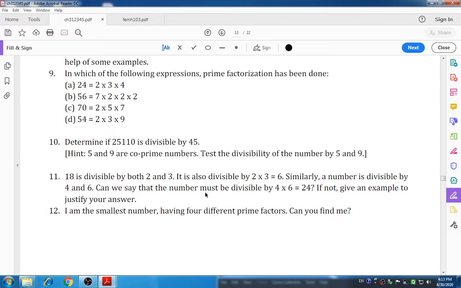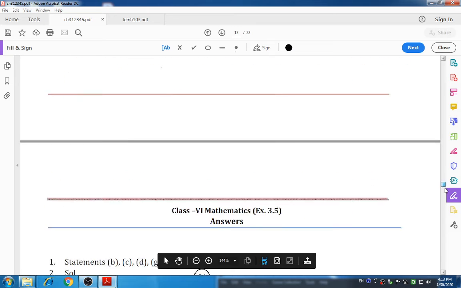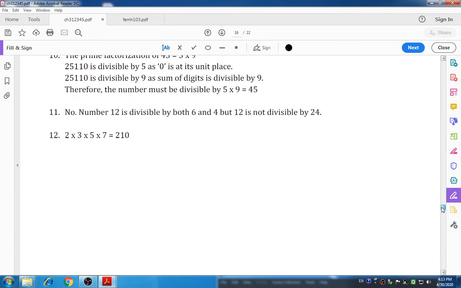Can we say that the number must be divisible by 24? If not, give an example and justify your answer. So here is the answer. It is not true every time. No. Look at here. The number 12 is divisible by 6 and 4, but 12 is not divisible by 24.